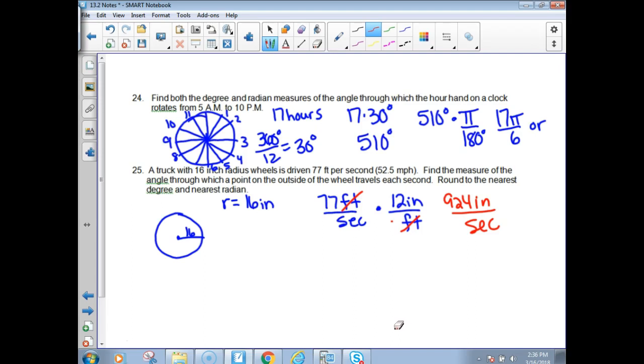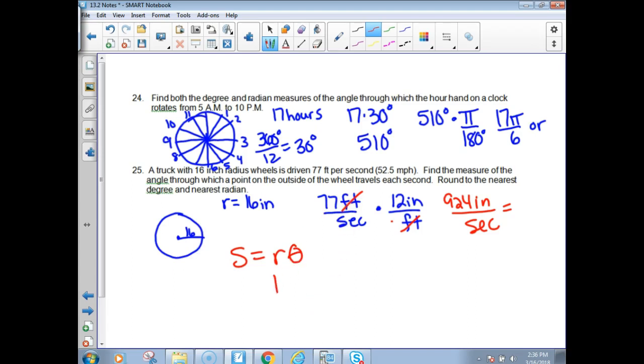Now it says round to the nearest degree and nearest radian. This is inches per second. Well, let's put it in the formula. What's S equals R theta? That's our formula that we know about the length or distance around the outside of that wheel. Okay, do we have anything?